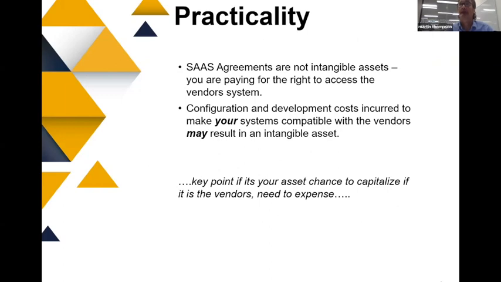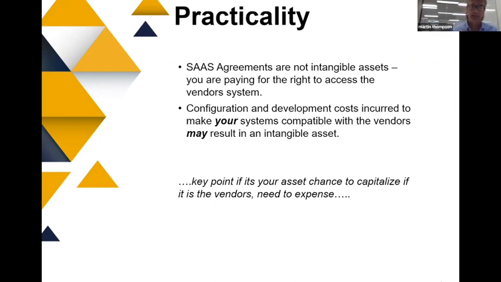If we think about the practical issues there, SaaS agreements are not an agreement to acquire an intangible asset. You're simply paying for the right to access the vendor's system. So they're not giving rise to intangible assets in any way. The reality is that often there will be substantial configuration costs incurred as part of the move to a new system.